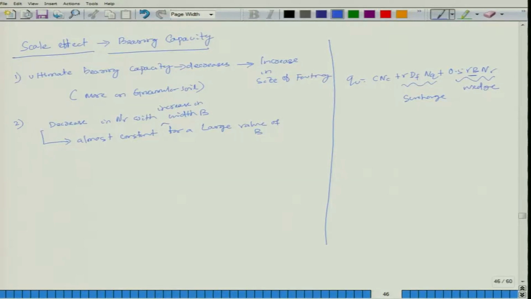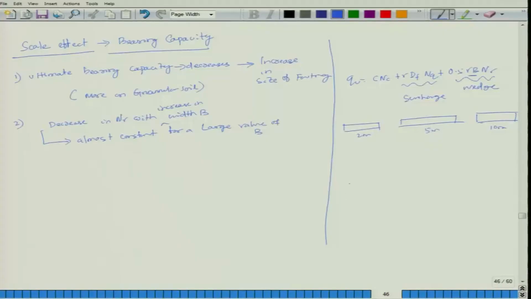It does not mean that, suppose there is a 2 meter size of the footing, here it is 2 meter, here it is 5 meter, here it is 10 meter. It does not mean that if I increase the size of the foundations to 5 and 10 or 20 meter, my bearing capacity will increase.